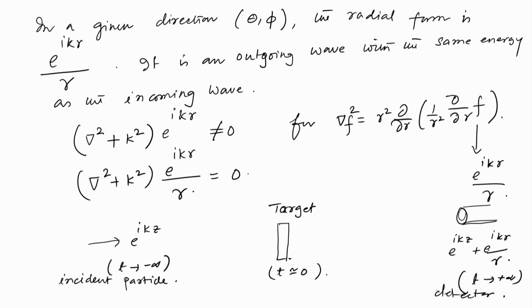So, that free wave is like exponential i k z, then it strikes the target, and we are unable to solve the Schrodinger equation, or find out any information because of the complexity of V(r), what happens at t equal to 0, and we disregard that fact. However, we know that when it is detected by the detector at t goes to plus infinity, the detector has two parts, where one of them is like exponential i k z and the other is exponential i k r by r. So, these are the two.